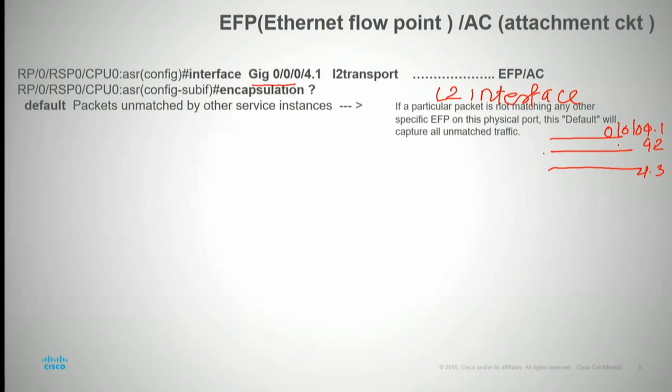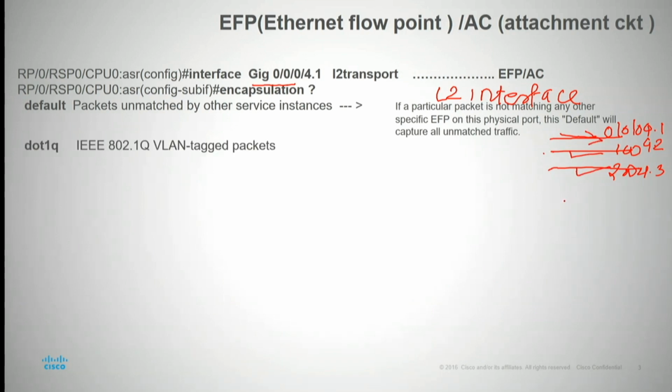Here you have matched VLAN 100 and VLAN 200, and only two VLANs are configured. So VLAN 100 will match this sub-interface, VLAN 200 will match this sub-interface, and the rest of the traffic will match this default interface.